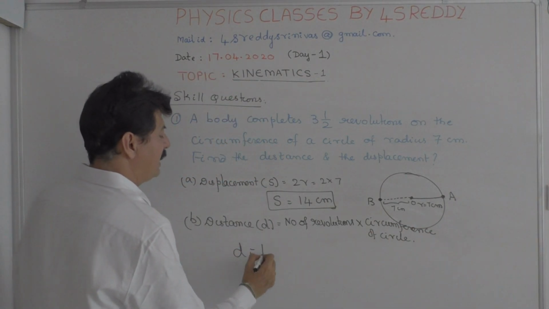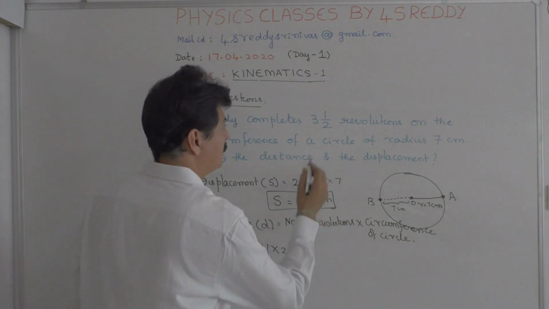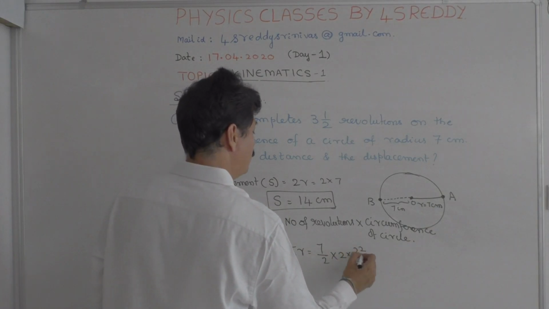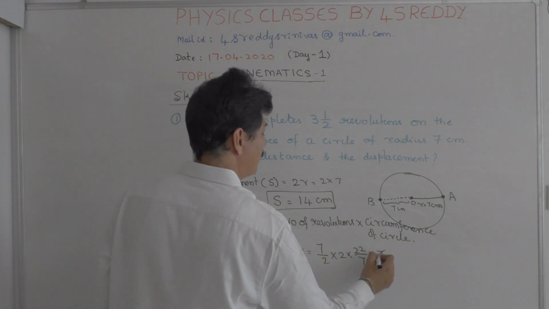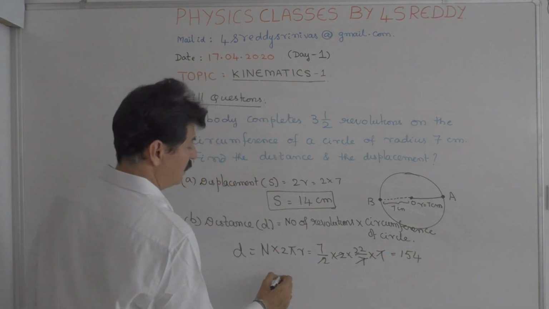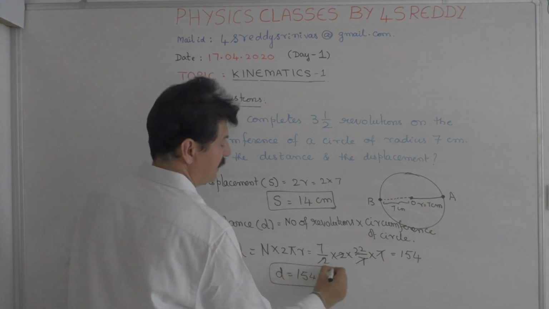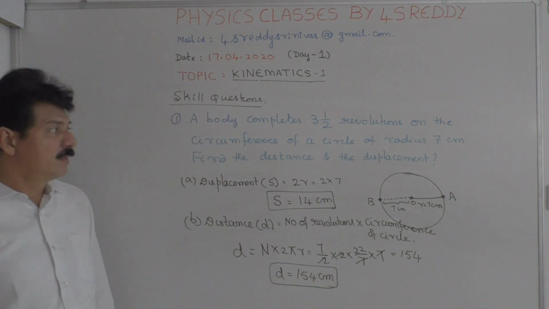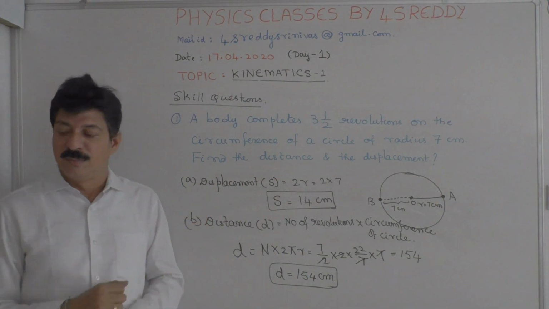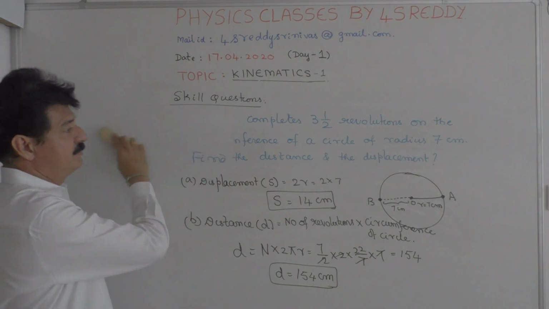That is 7 by 2 into 2 into 22 by 7 into 7. Cancel, cancel, 154. Therefore, D is 154 centimeters. This is another skill type question. Then, come to the other one.